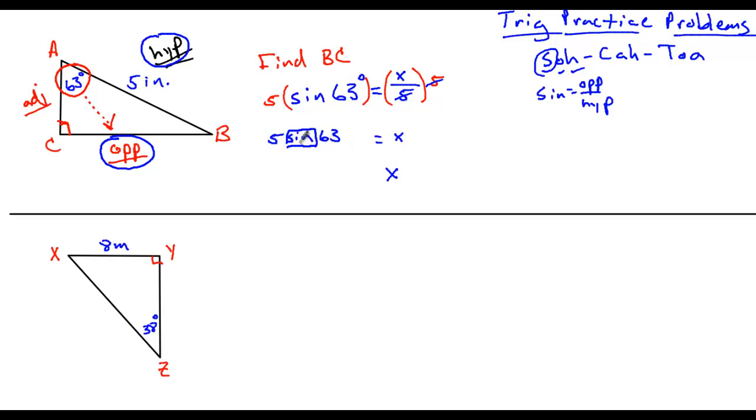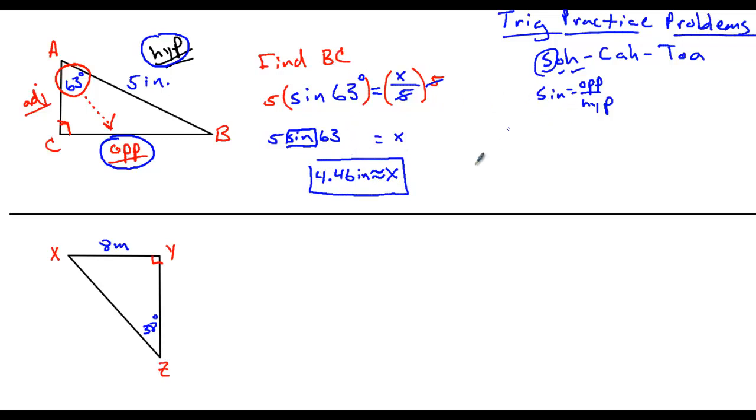Push 5, then push the sine button, and then type 63 and hit enter. And you should get 4.46 inches. Now, that was rounded to 4.46. So when we do a problem like this, we don't want to say that x equals 4.46 because it doesn't. We want to say that x is approximately equal to 4.46. So just a small detail, but that's the way you want to do it.